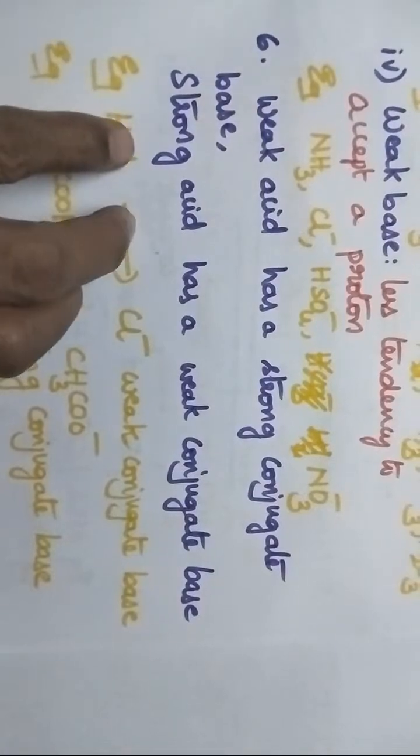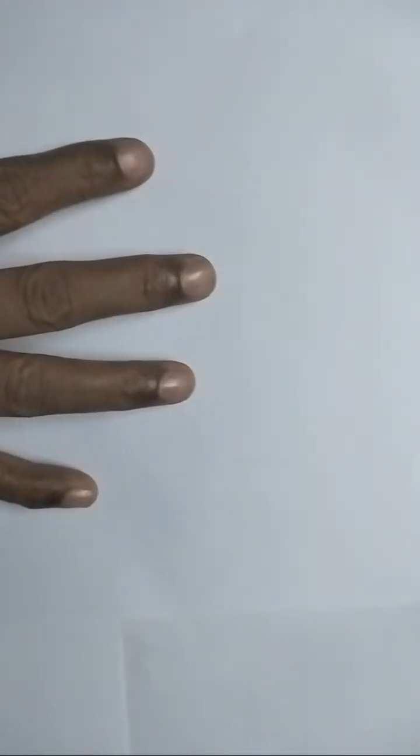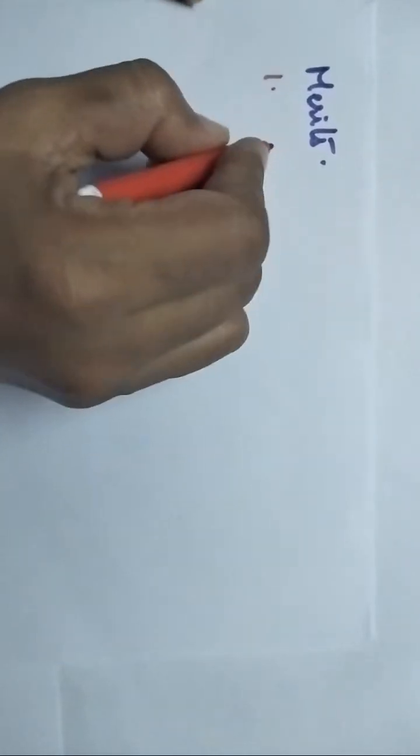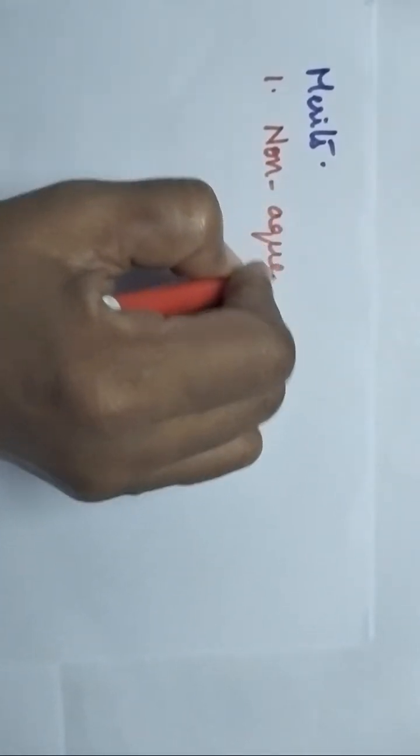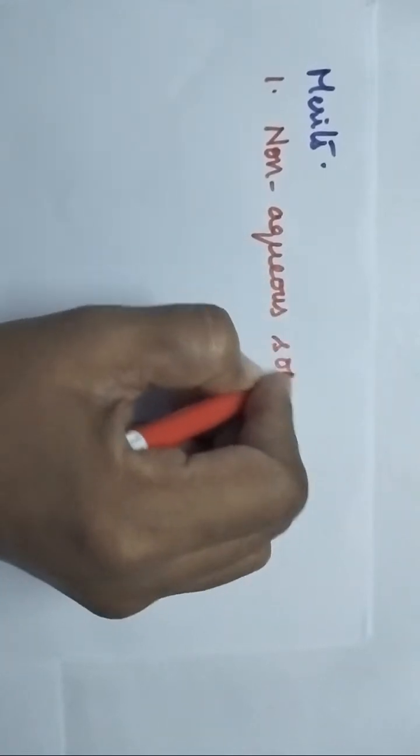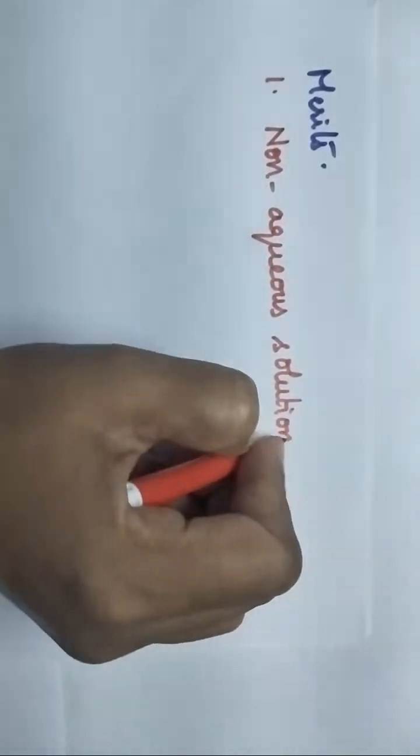Let us discuss about the merits and the limitations. So coming to the merits of Bronsted and Lowry theory, it always explains the acidic and basic nature of acids in non-aqueous solutions also.